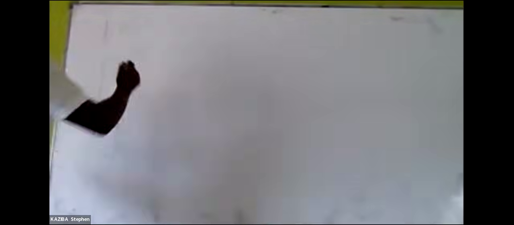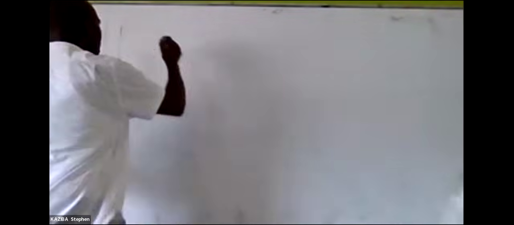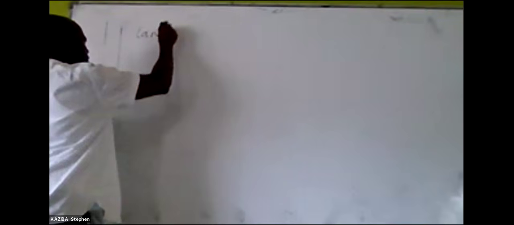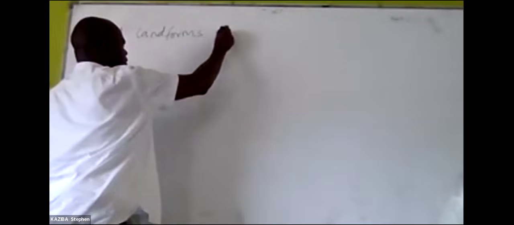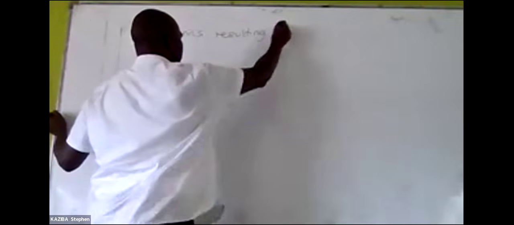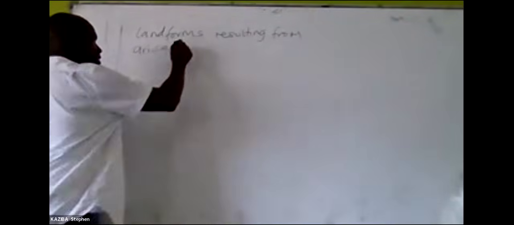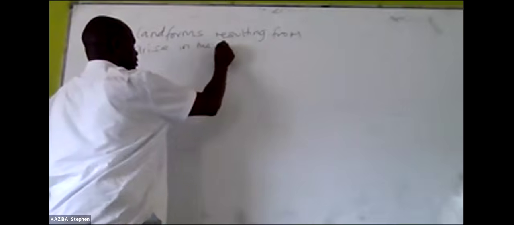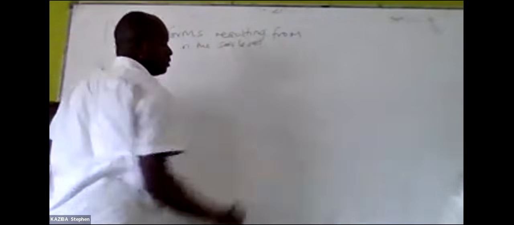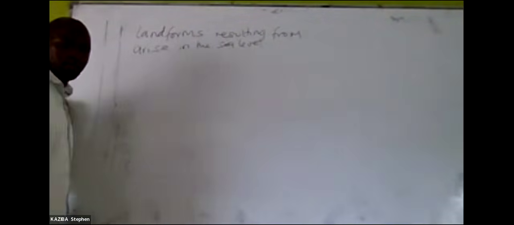Okay. So let's go to the landforms. Now, the landforms we have here are landforms resulting from a rise in the sea level.